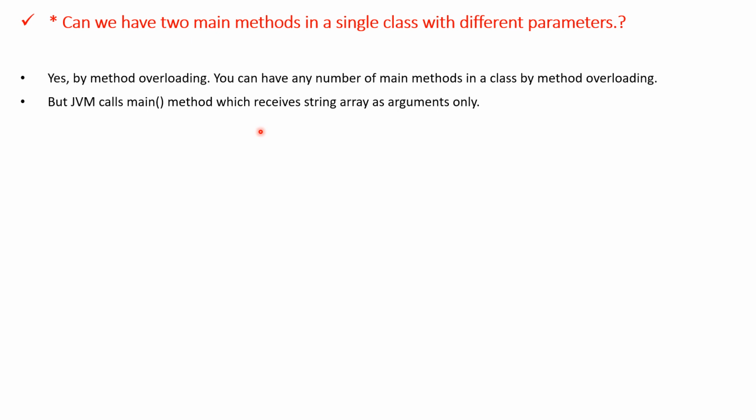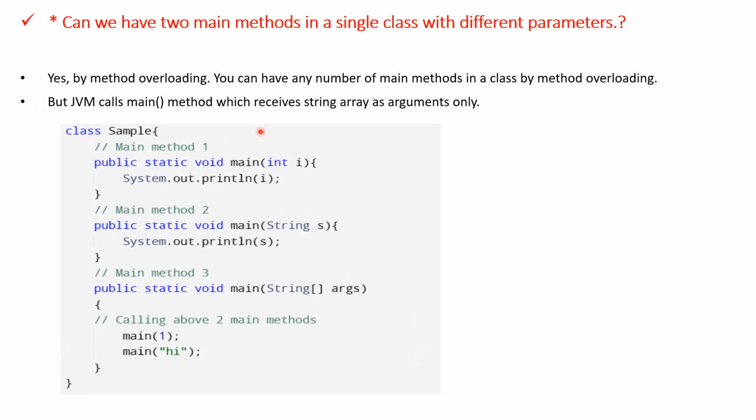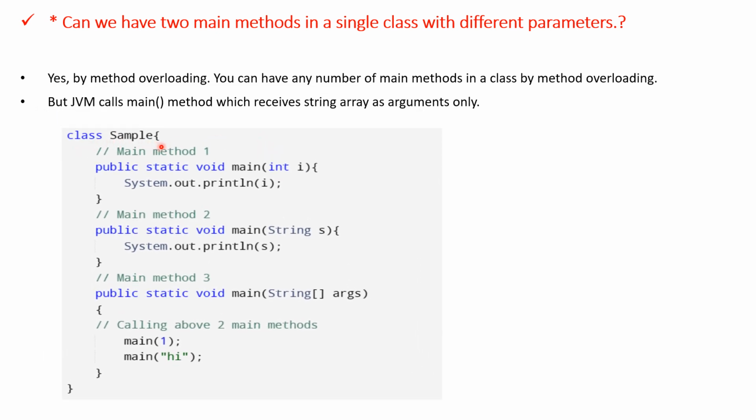So how will it actually be? See here, in the class Sample, main method 1 takes int i, and main method 2 takes a String a. This is a general type, int and string, and we are giving just println statements under these main methods.